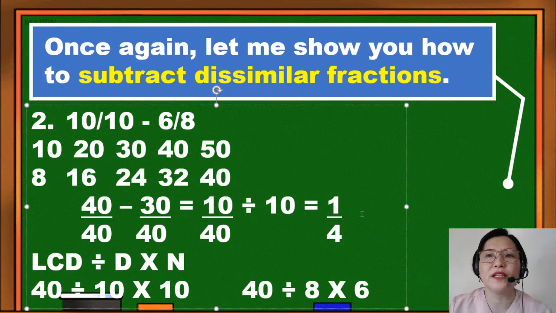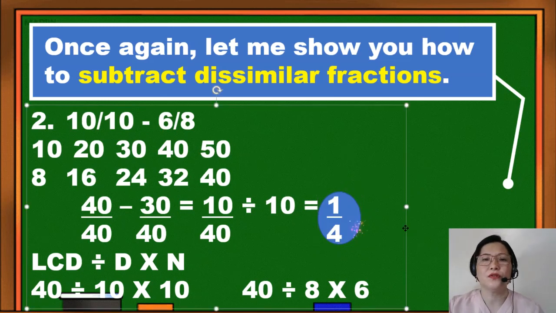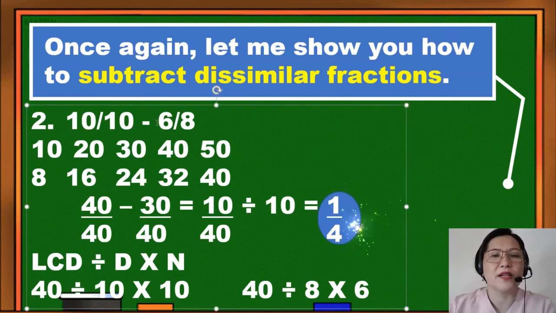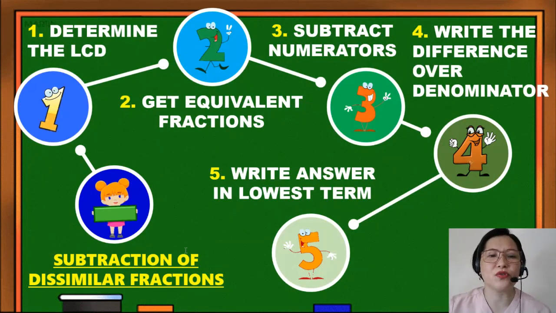Now, is that the final answer? Yes, it is. So we will just put a circle on it to show that it's the final answer. So 10 tenths minus 6 eighths equals 1/4. And that's it. That's how to subtract dissimilar fractions.